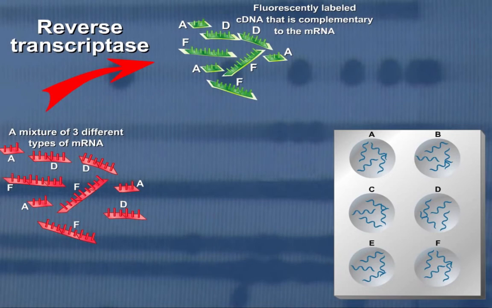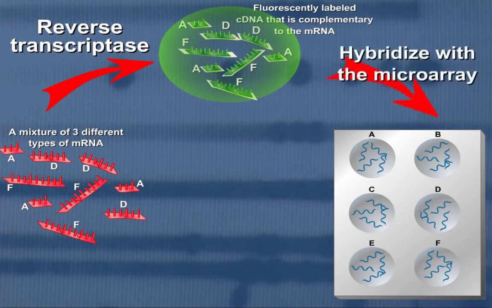Special nucleotides that have a fluorescent probe attached to them are used to make this cDNA. This probe will make the cDNA molecules fluoresce green when exposed to ultraviolet light. Once the fluorescent cDNA has been prepared, it is allowed to hybridize with the DNA samples spotted in the microarray.